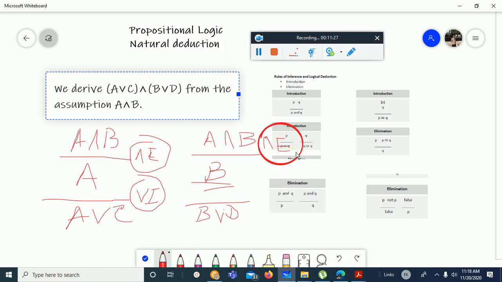C is a statement. Again, by using this introduction rule, if we have one statement, then we can say or another statement. So B and D using our introduction rule. Now we have these two statements.